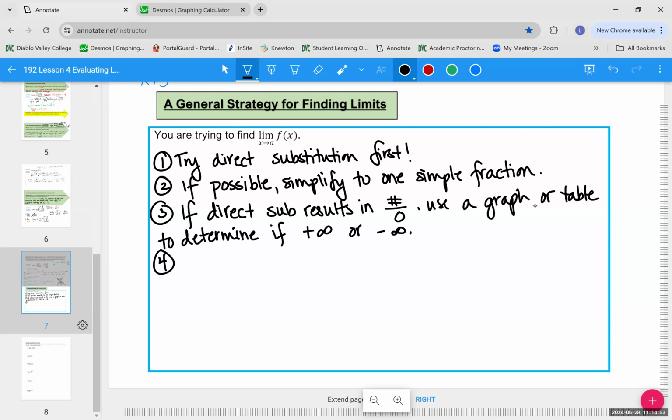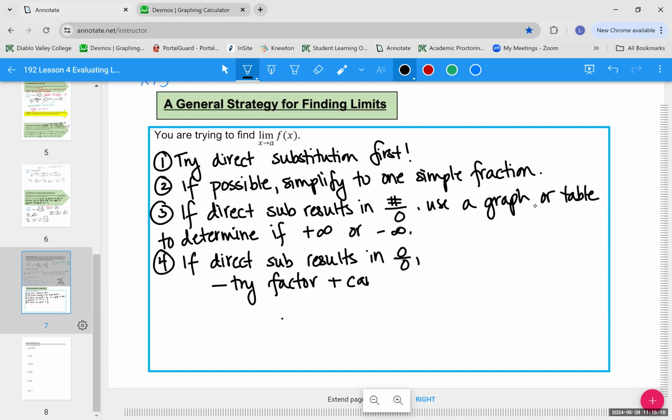If it results in 0 over 0, you have a couple of different options. You can try factor and cancel if it's factorable, or you can try to multiply by a conjugate.